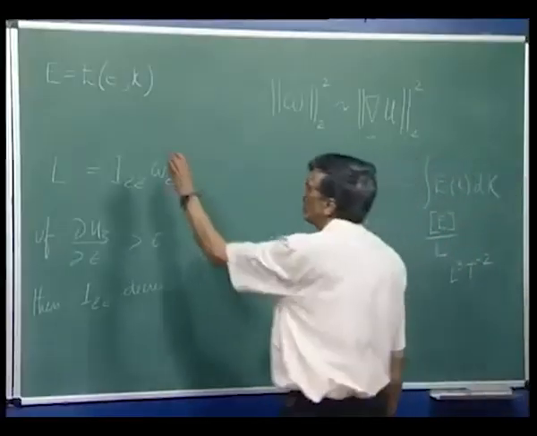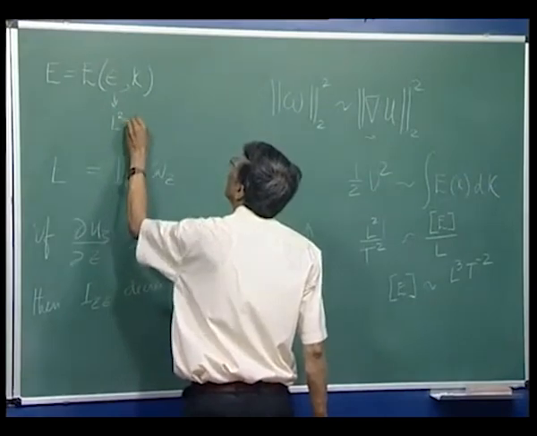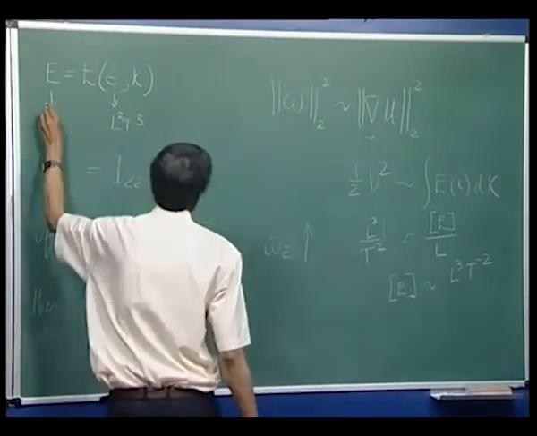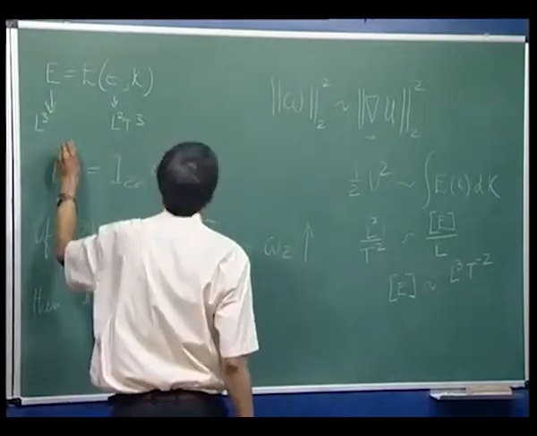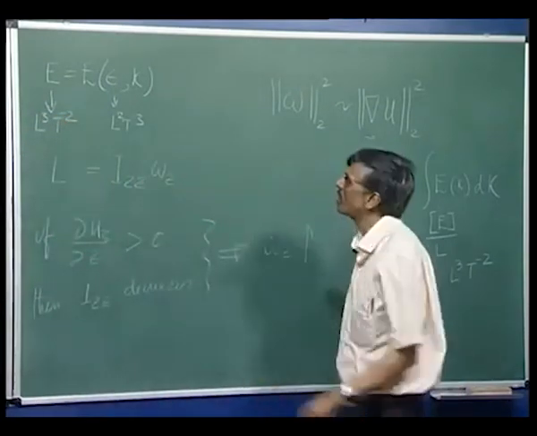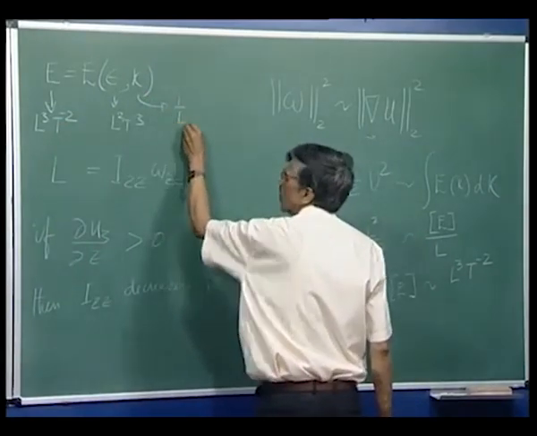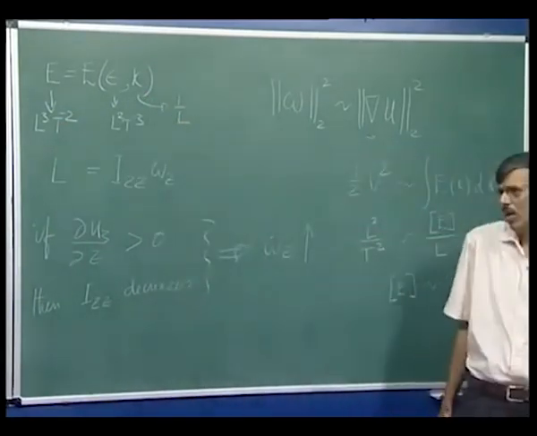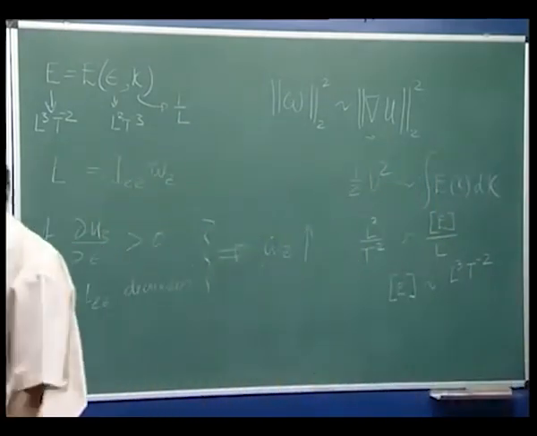The dimension of epsilon is, and this we have seen, as we have given, L square t to the power minus 3. Now, k's dimension of course we know is 1 over L. Now, all you will have to do is do a little bit of dimensional analysis.